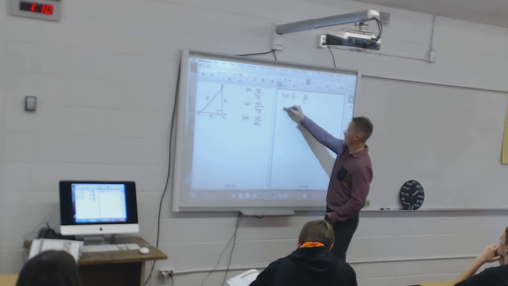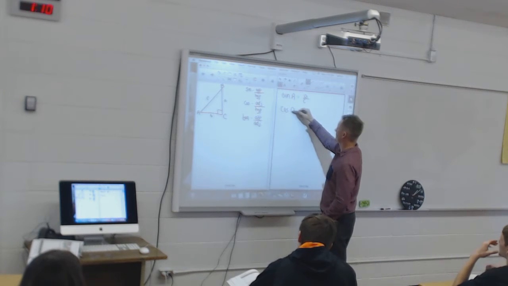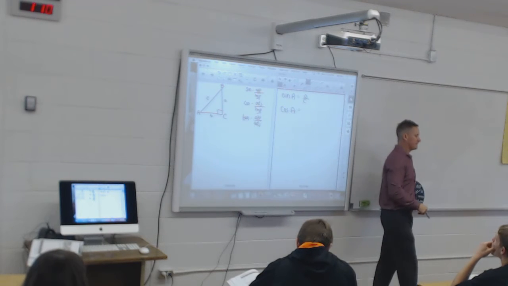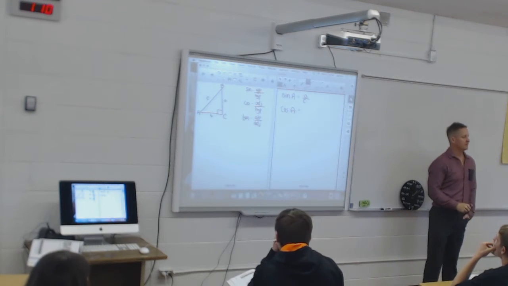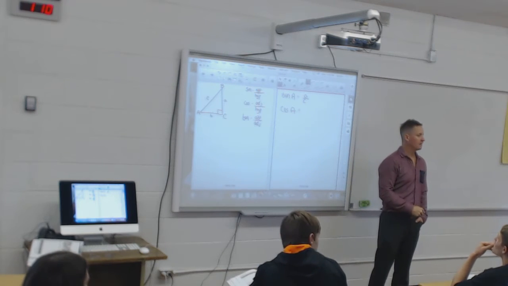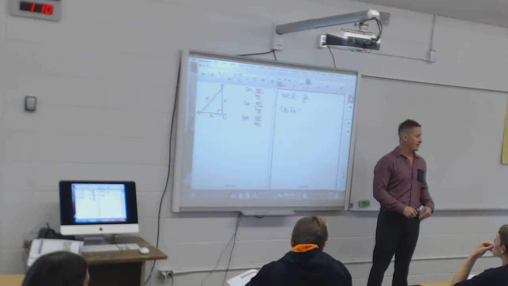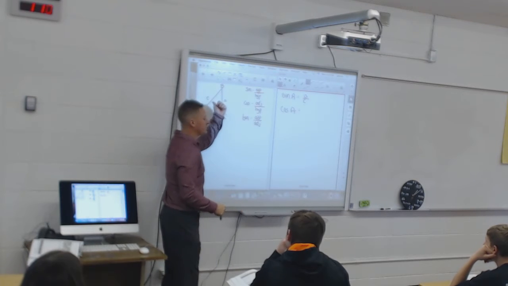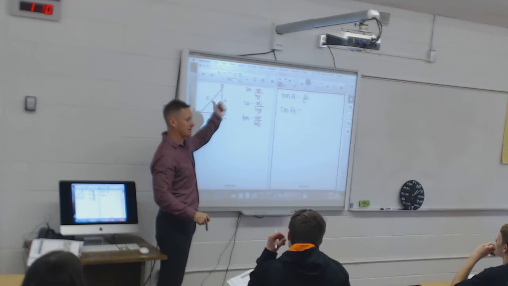So if I'm talking about the cos of A, what's the side adjacent to A? There are two next to this angle, correct? One is B and one is C. But we've already identified C as the hypotenuse.